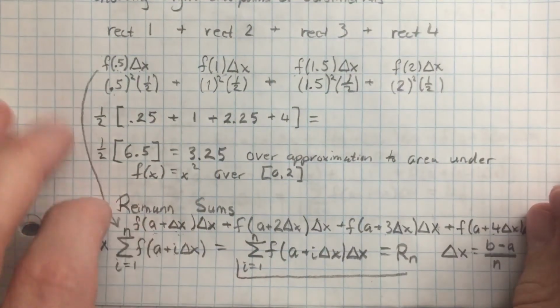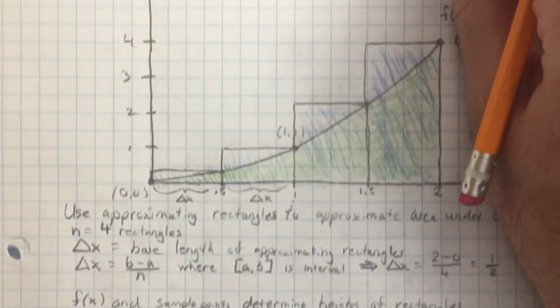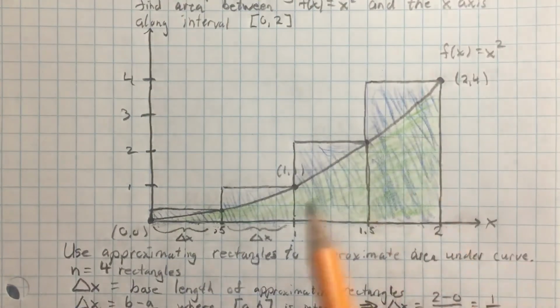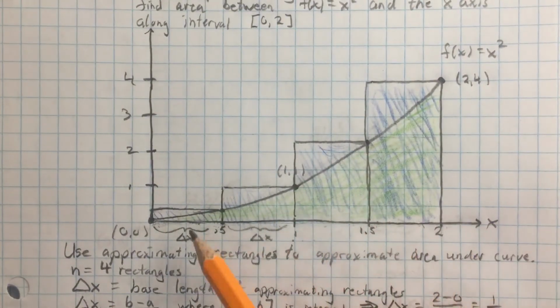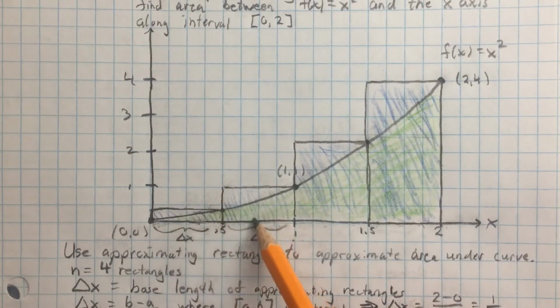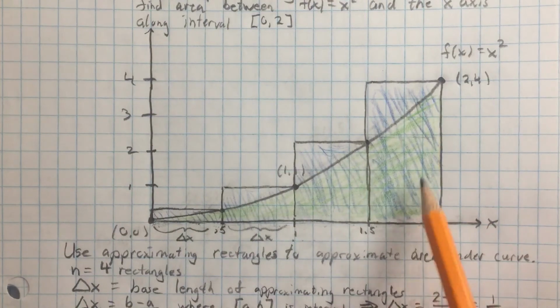And an important thing to note about these types of problems, from the graphical perspective, since I still have the picture right here, is that as you increase the number of rectangles, it's probably obvious intuitively anyway, the approximations should get better and better. If you double the number of rectangles here, the approximation will get better and better.